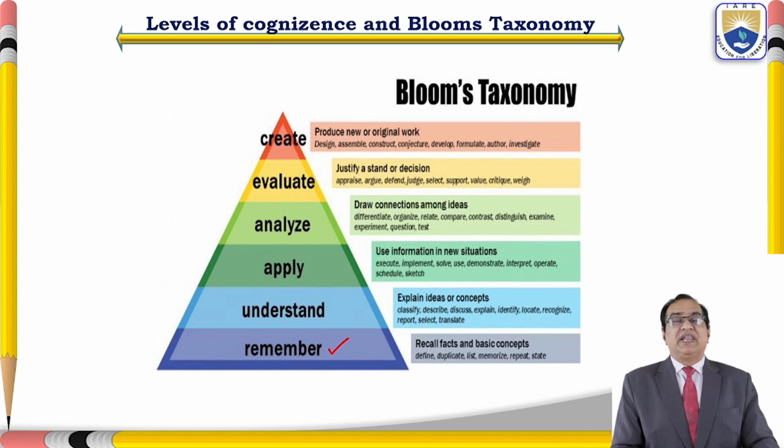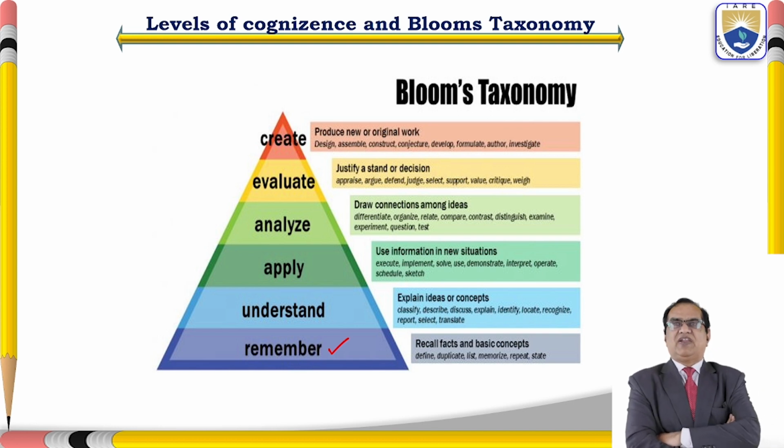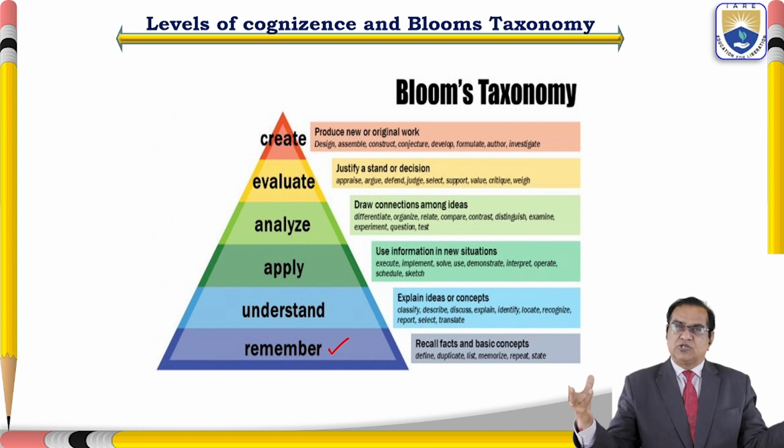Then the next higher level is evaluate. After doing the analysis, where we have used our thought process, we have to justify a stand on the decision. Because in analysis, you might have got so many things, which is more, which is less.